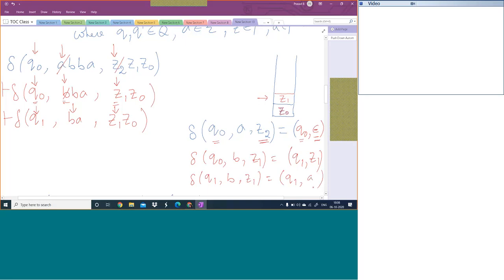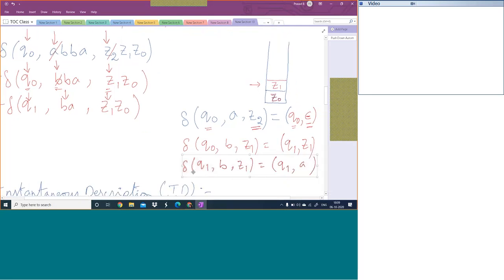Guys, please try to understand the meaning. Here, what does it mean? Whenever the machine is in Q1 state and input symbol is B and the top symbol is Z1, don't change the Q1. Don't change the state. So be in the same state. If you observe this one, in this transaction, Q0 is the state and the result is also Q0.